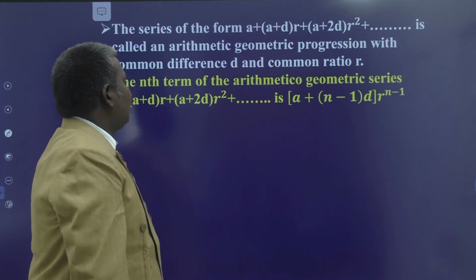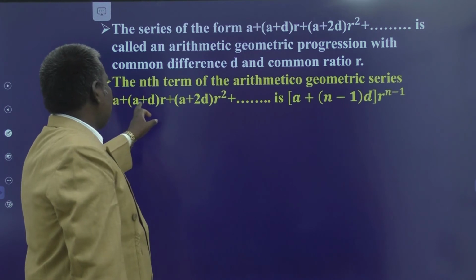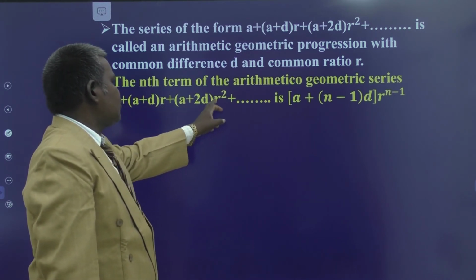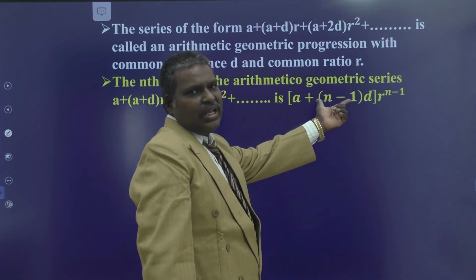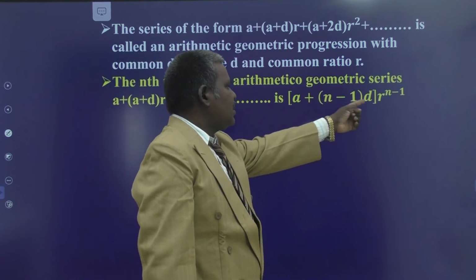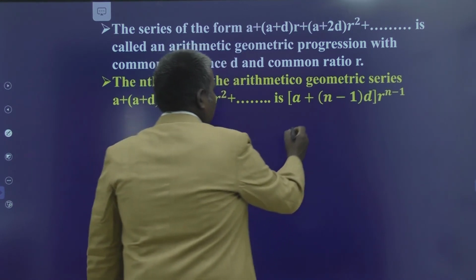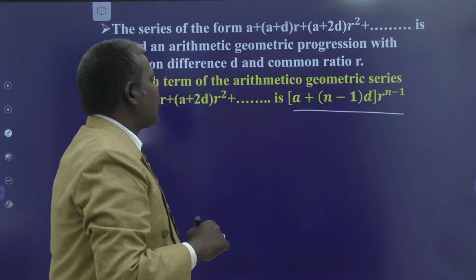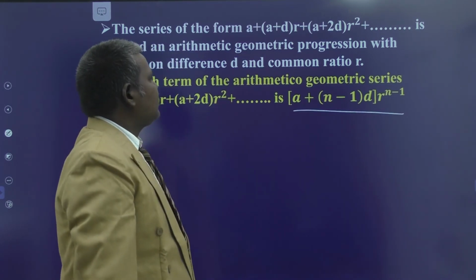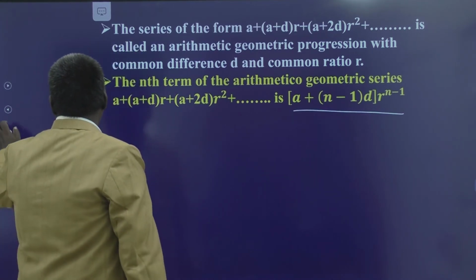The nth term of the arithmetic geometric progression you can easily write: A plus n minus 1 into D is for the arithmetic progression, R power n minus 1 is for the geometric progression. You multiply both of them, we obtain A plus n minus 1 into D into R power n minus 1. This is the nth term of the arithmetic geometric progression.